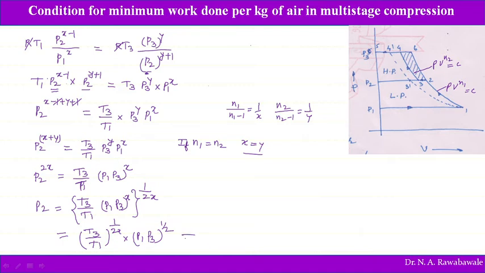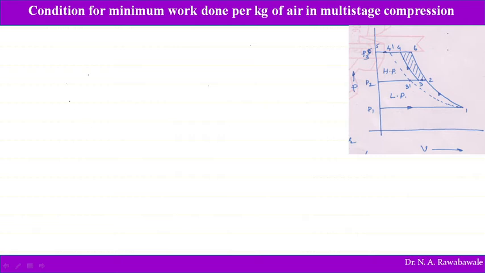So this can be written again as square root of, so here is 1 by 2, here is 1 by 2, so we take common as a square root of T3 divided by T1 to the power of 1 over x into P1 P3 to the power of 1 by 2. This 1 by 2 gets converted into the root.